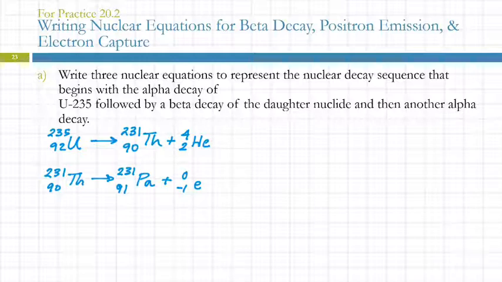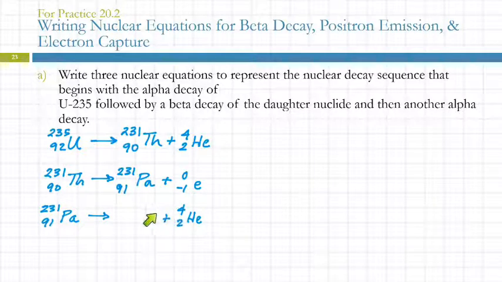So we did the first alpha decay, did the beta decay, and then it says followed by another alpha decay. So again, we're going to take this daughter here, 231, 91, PA, goes to something plus an alpha particle. Four plus what is 231.